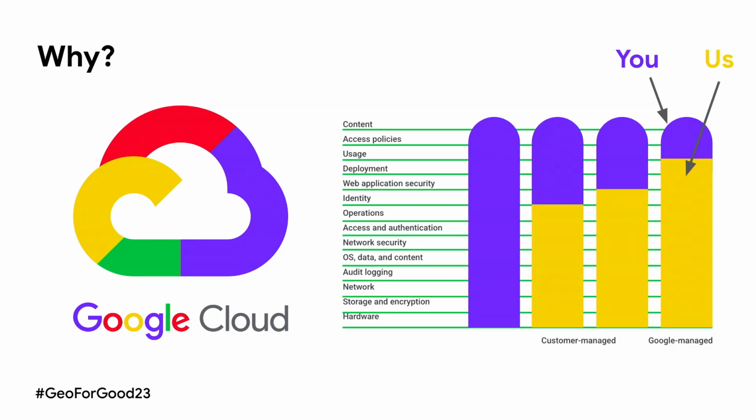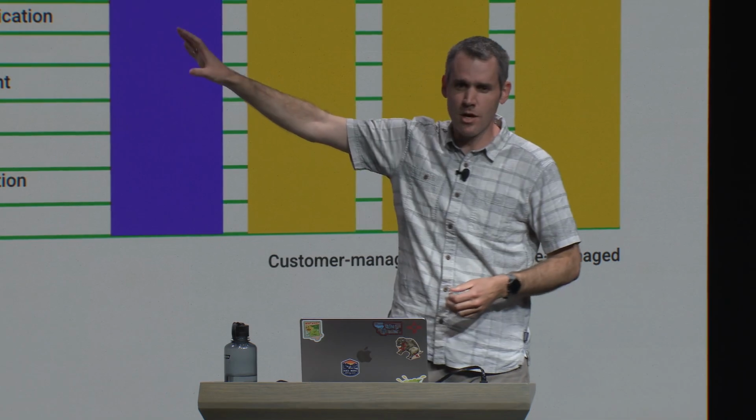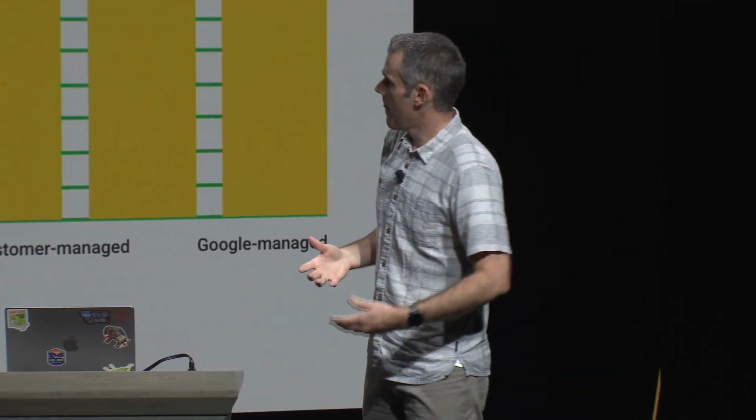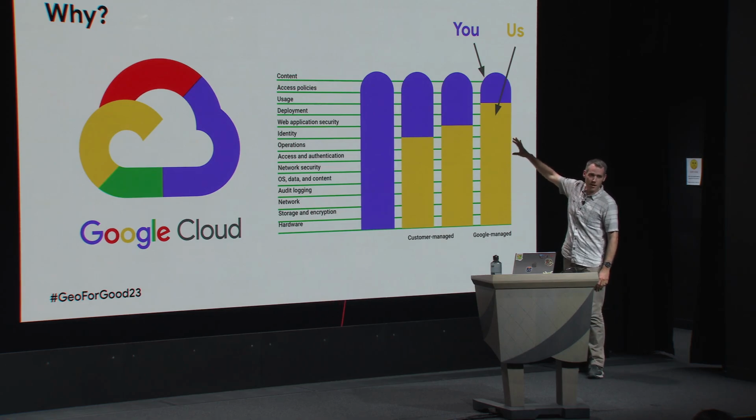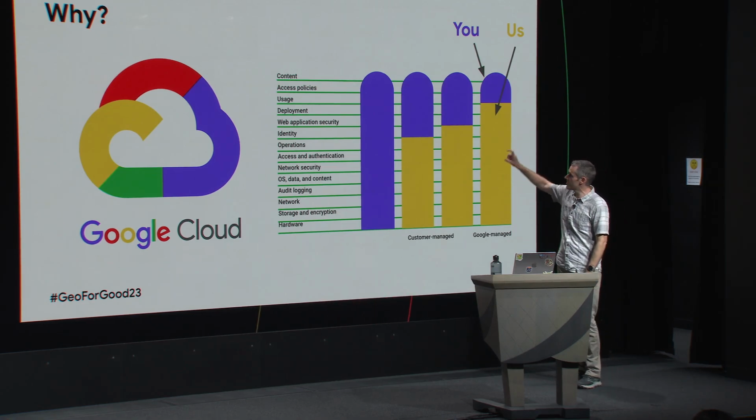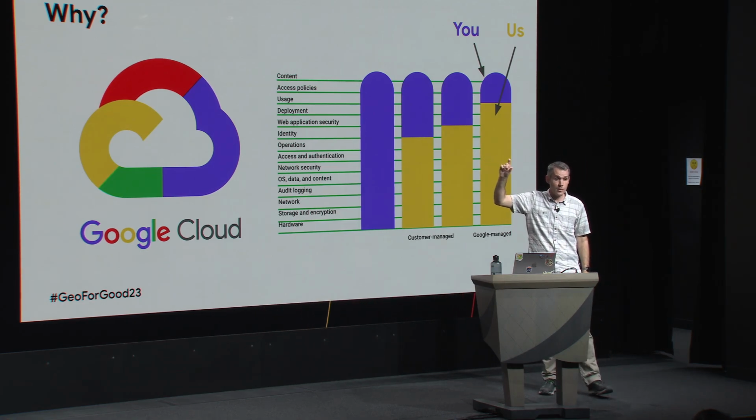You can focus on X, Y, and Z. There was a time and a place where many of us as geo-nerds, if we're going to call ourselves that, were very interested in these things right here, right? Building all of these things ourselves. We started doing that because we had to. No one was going to build them for us. But the world has changed, right? And now with Google Cloud, Google manages all of these things for us, and we can just focus on the things that we want to focus on.